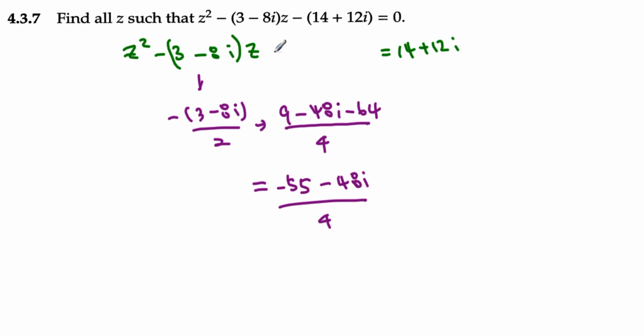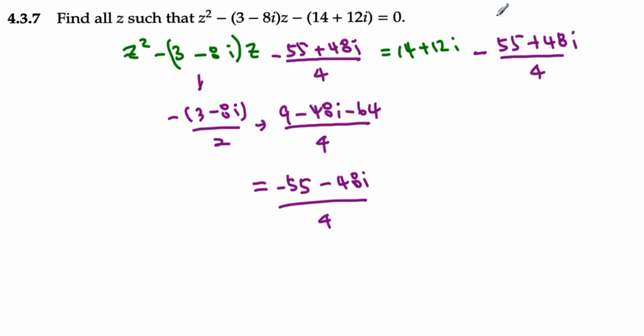Then I end up getting negative 55 plus 48i over 4. This is another way for me to write it, because this negative sign will affect not only 55 but also 48 as well. On the right side, I'm going to do the same thing. So here, 55 plus 48i over 4.